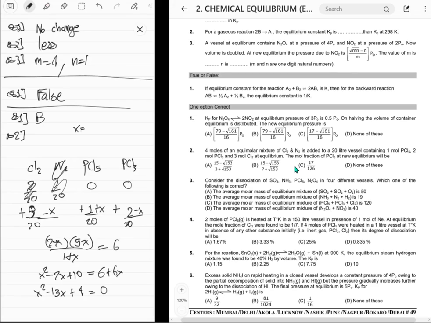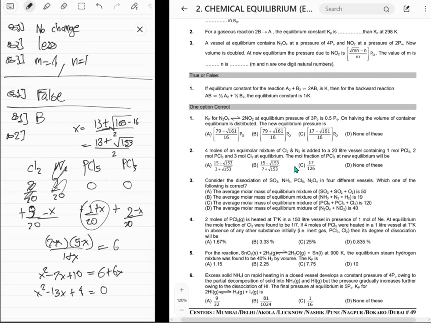So your x will be minus b, which is 13, plus minus square root of b squared, which is 169 minus 4 times 4, which is 16, upon 2. It's just going to be minus, because by Le Chatelier's principle, that is what's going to happen. So 13 minus square root of 153 upon 2. And what do you want? The mole fraction of PCl5.